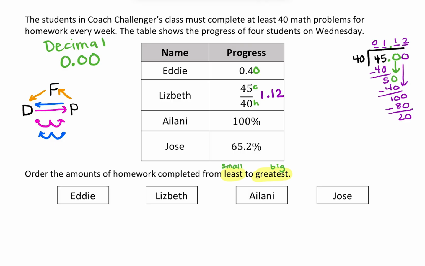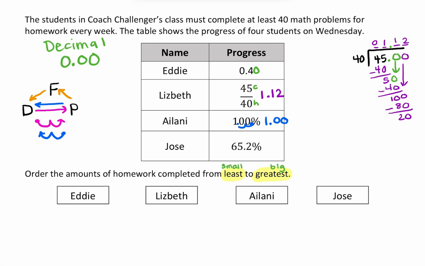So if I want to turn a percent into a decimal, I can put my decimal and move it forward 2 hops. So on 100%, my invisible decimal is at the back, and I go 1, 2 hops. So this equals 1.00. And that makes sense because if my battery is at 100%, I have 1 whole battery.